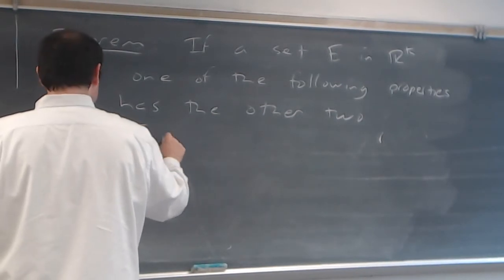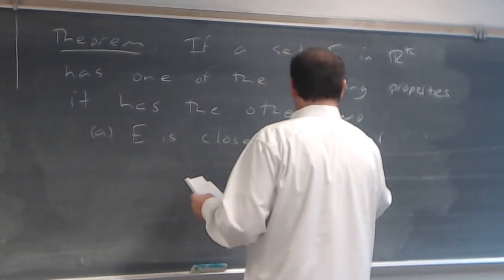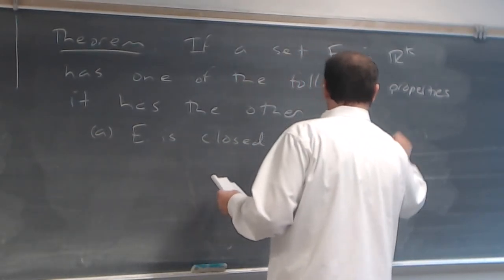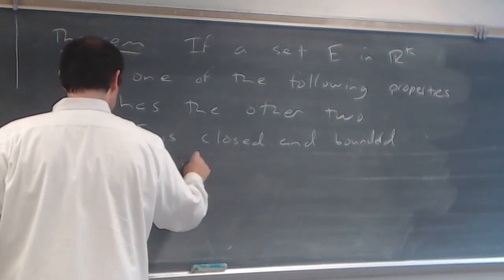And so here are the properties. A: E is closed and bounded. B: E is compact.